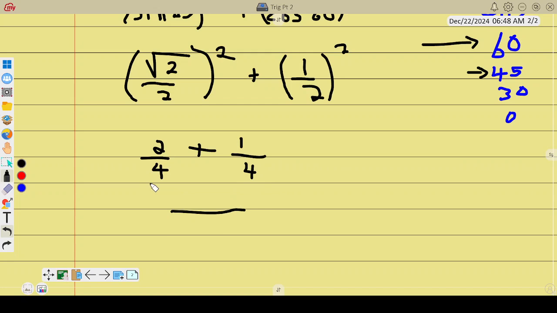So when the denominators are the same, you just say over 4, and then 2 plus 1 is 3. So we are done with this.